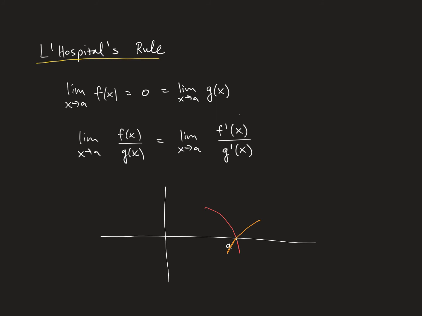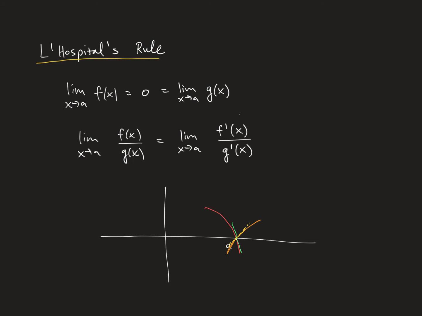The basic idea is that if you zoom in here, your function f is going to start looking like its tangent line, and the function g is going to start looking like its tangent line. So you can kind of replace these more complicated functions with just their tangent lines. And so that has something to do with the derivative.